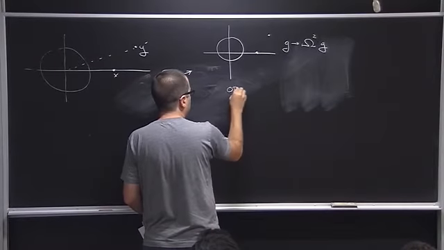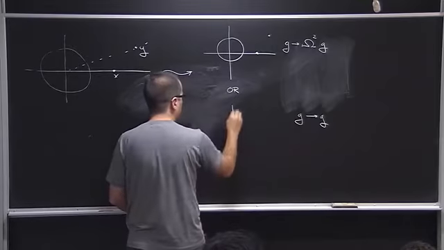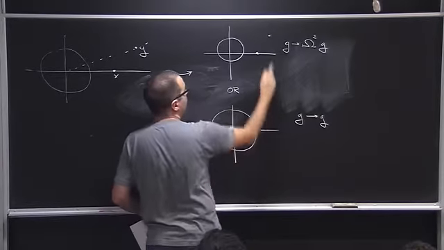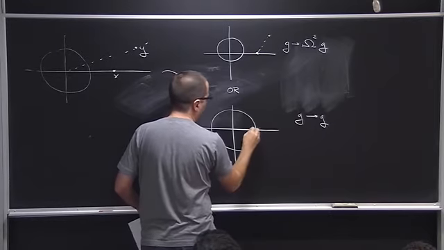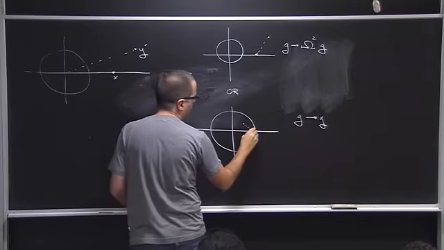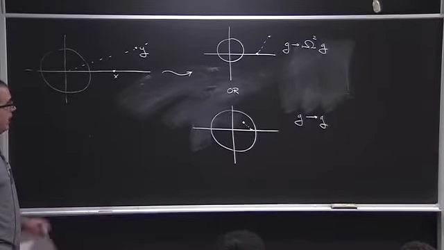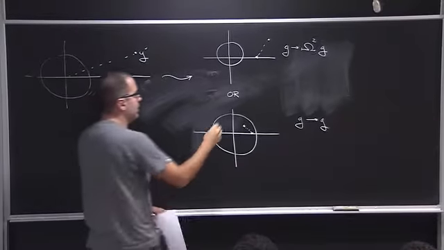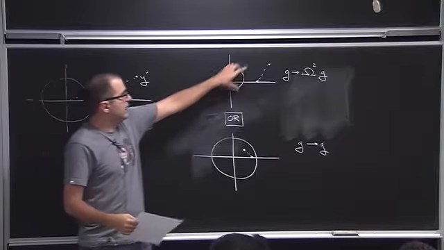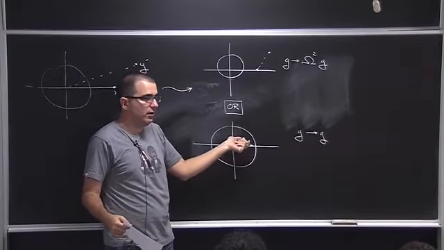Or leave the metric as it is, g continues to be g, but apply an inversion and map these two points to some points inside the sphere. And these two points of view are totally equivalent, of course. You can either change your scale or keep the space-time but change the points.